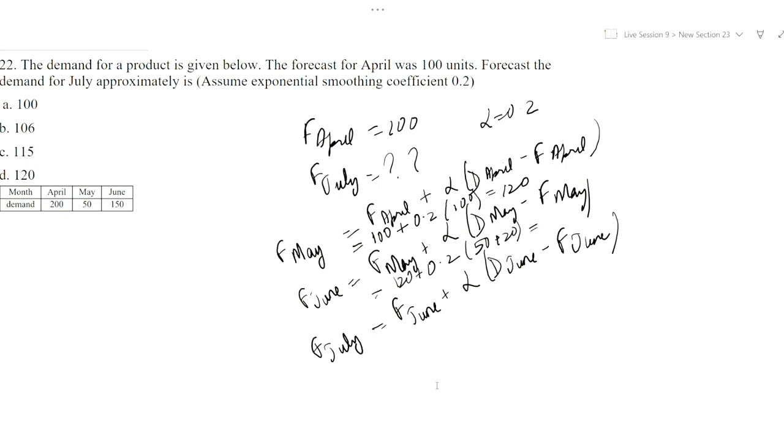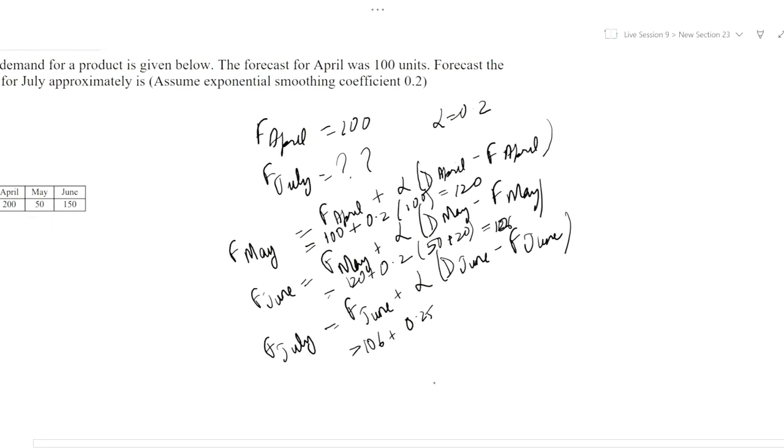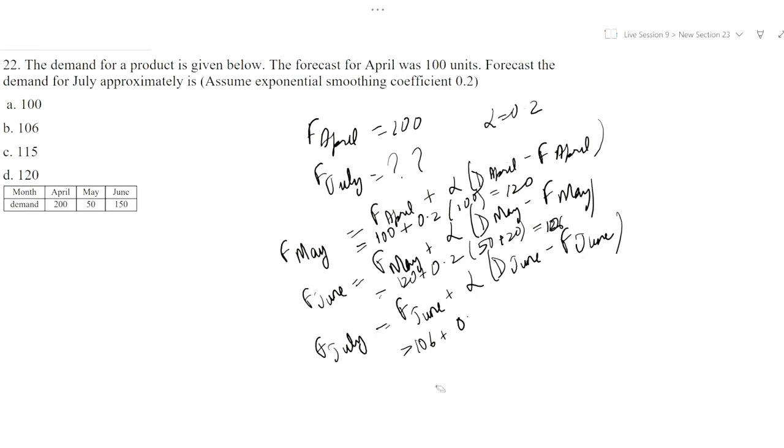This will be 106. Then 106 plus 0.2 into 150.